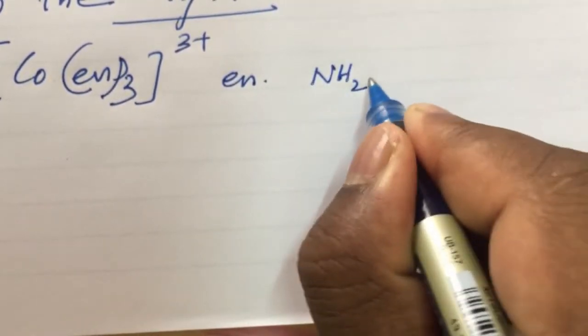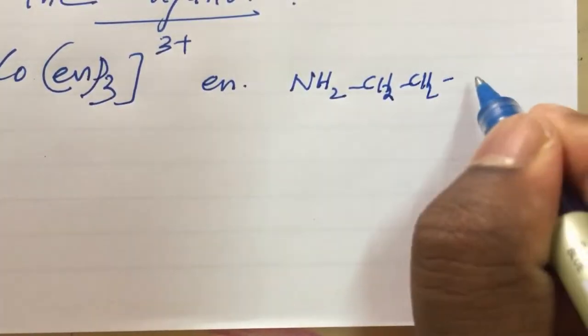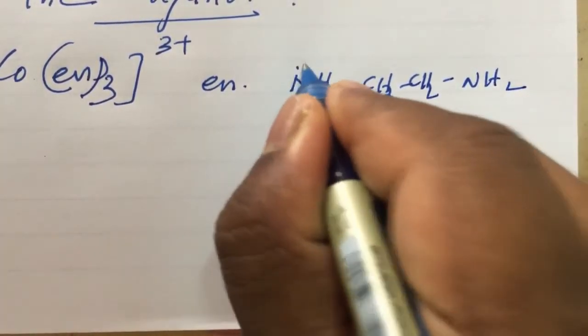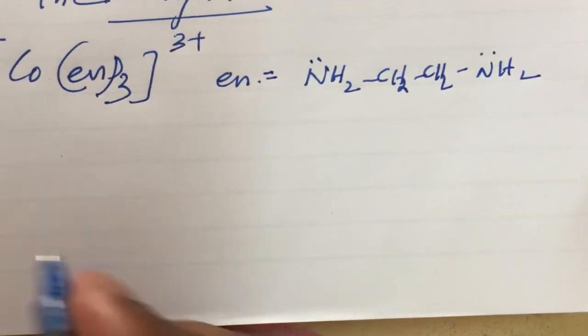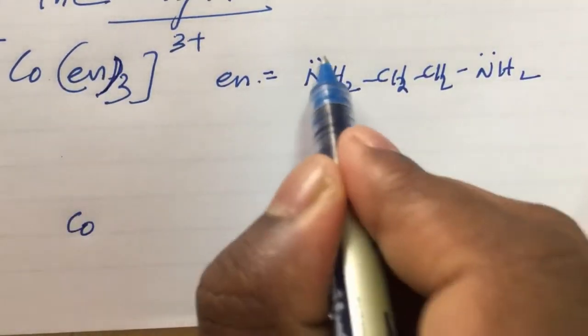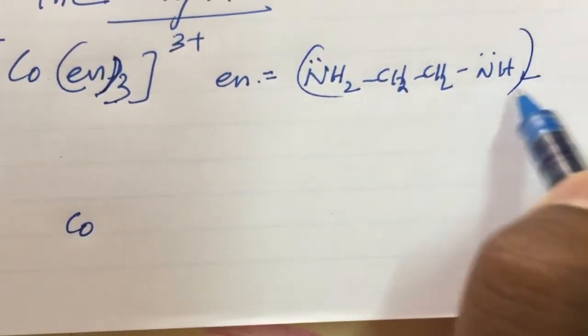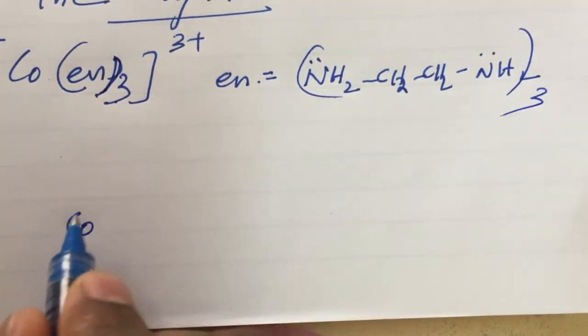NH2 CH2 CH2 NH2, which has two donor atoms. Ethane-1,2-diamine. Then listen, cobalt. How many en? How many ligands? Here 3. So 3 we can write like this.